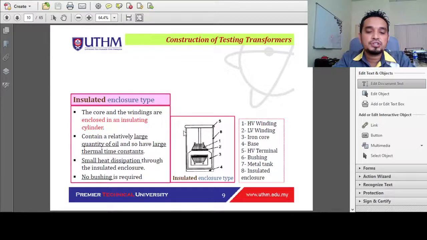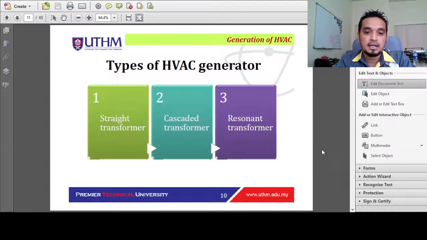And this one has no bushing, is more compact, if you can see, and since it has no bushing and is relatively smaller in size, the safety clearance for this transformer is relatively smaller compared to the tank type.